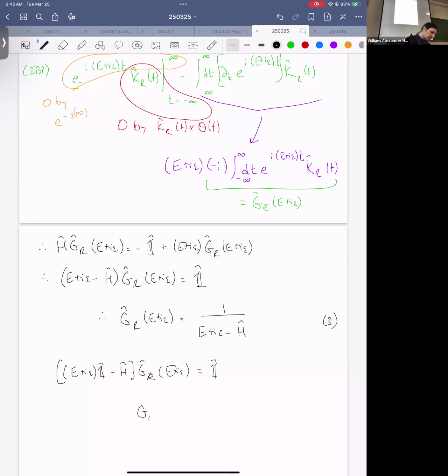And so then you'd say, that's the inverse. I'm sorry, that's E plus i epsilon times 1 minus the Hamiltonian, the extended inverse of G^R.